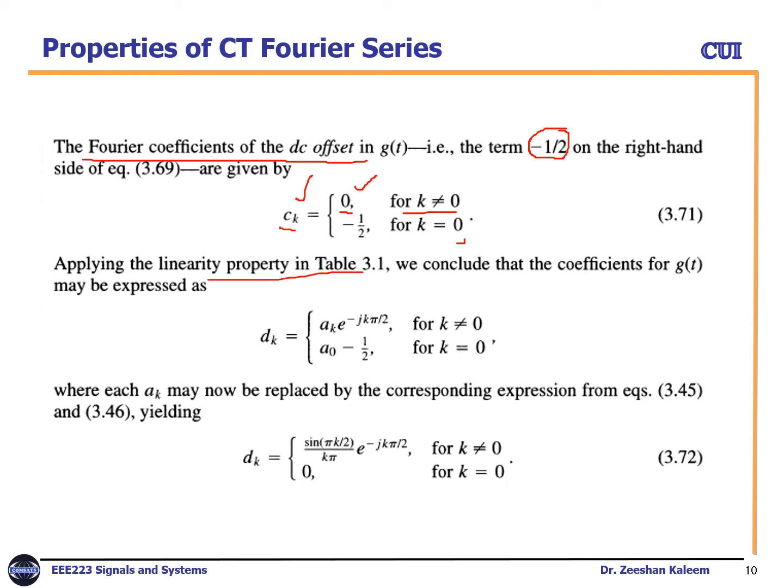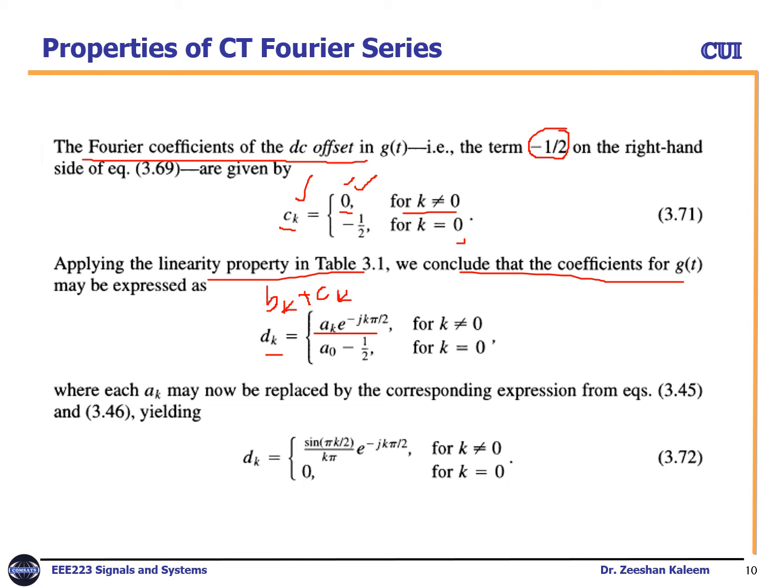Applying the linearity property, we conclude that the coefficient for g(t) may be expressed as d_k, which is b_k minus c_k, because we have a minus sign here. For k not equal to 0, we have a_k e^(minus jk pi/2) minus 0, so minus 0 has no effect.